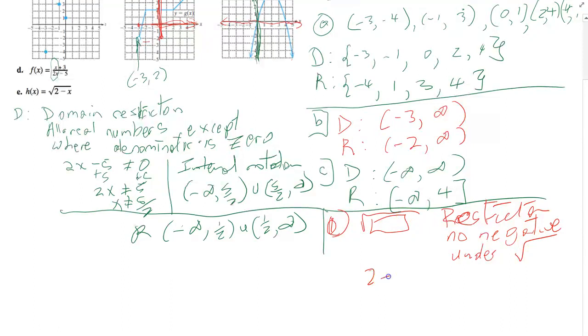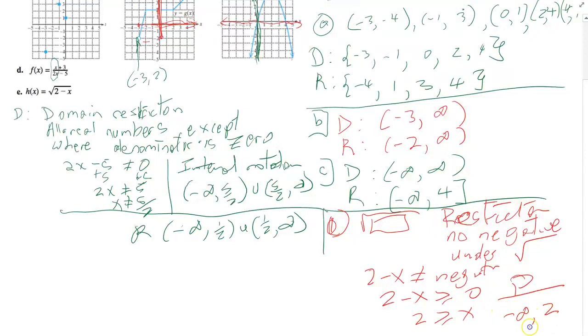So this 2 minus x cannot be equal to a negative number, right? So that means 2 minus x must be greater than or equal to 0. So 2 must be greater than or equal to x, right? So your domain then would be, real quick, everything up to 2, from -infinity to 2, right?